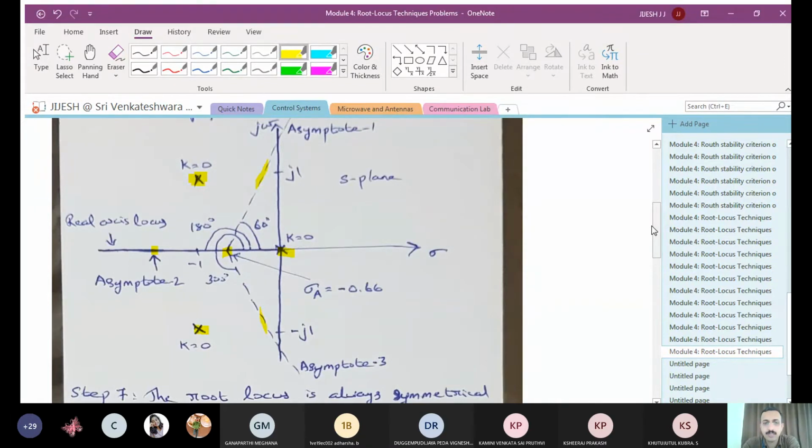There is no zero here, only poles are available, all the three poles you can plot. Once you complete it, just let me know and we will proceed further with step 7, where the root locus has to be always symmetrical with respect to the real axis. We need to find the rest of the points as well.